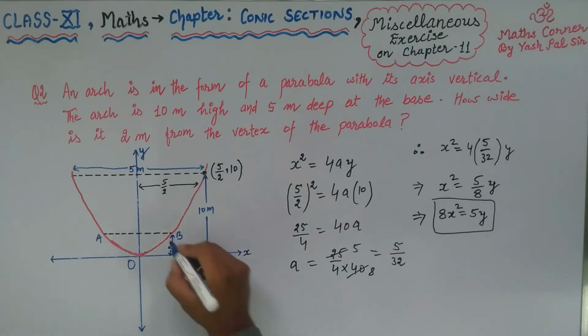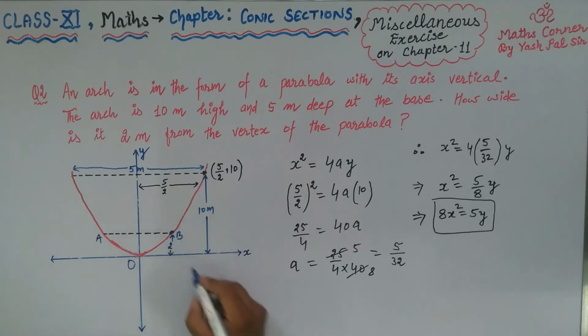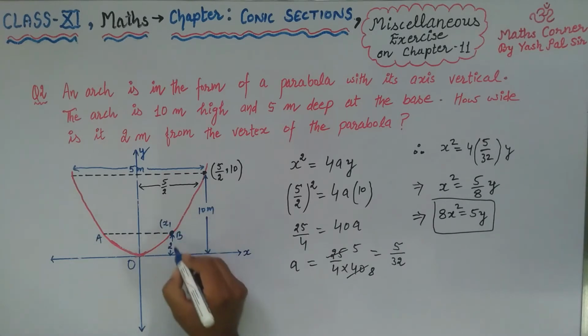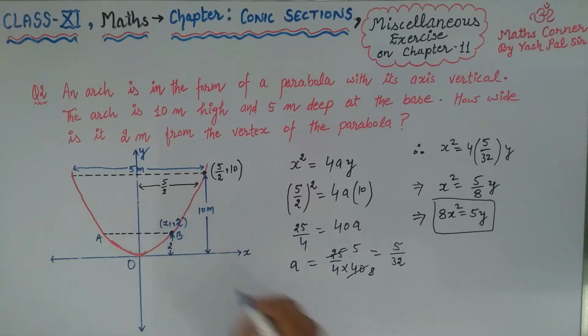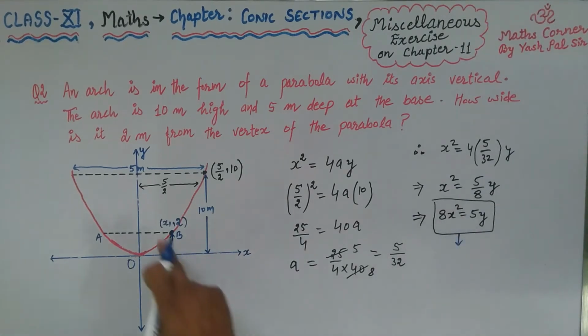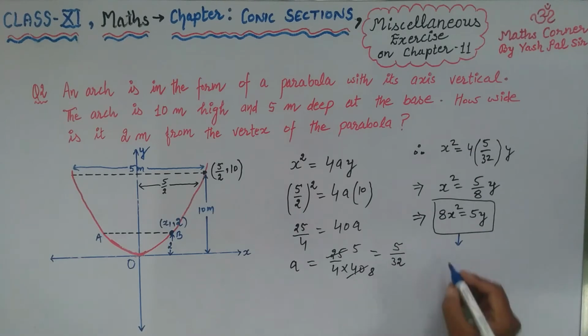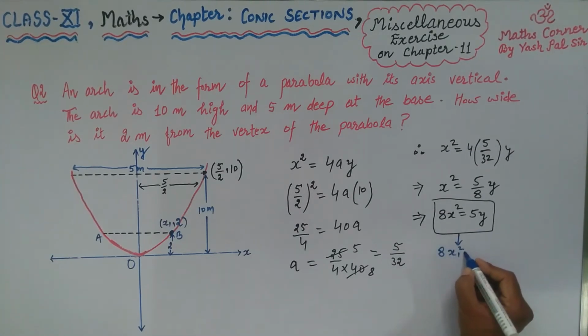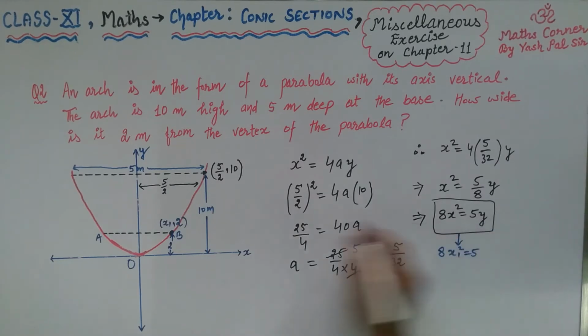We need the coordinates here. Suppose the coordinates are, we don't know the value of x1, so write x1 and y is 2. Now we put this value here, we need to find the value of x1, so we have 8x1 whole square is equal to 5 into y, y is 2.